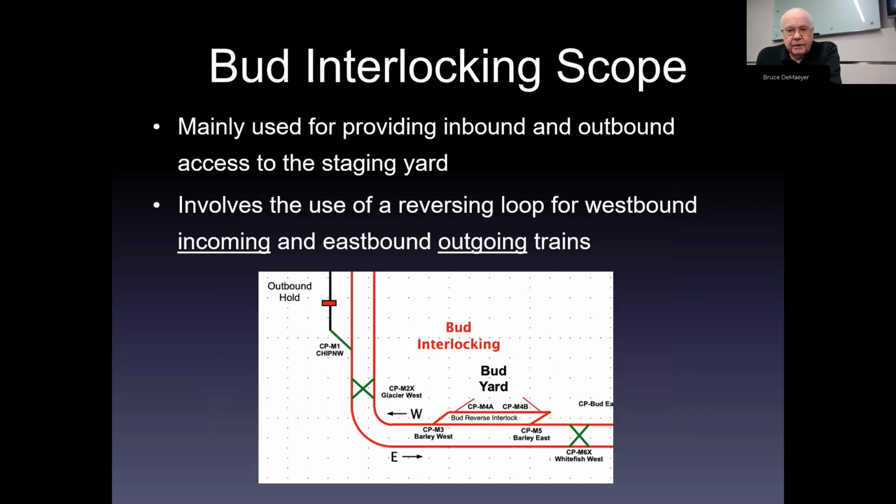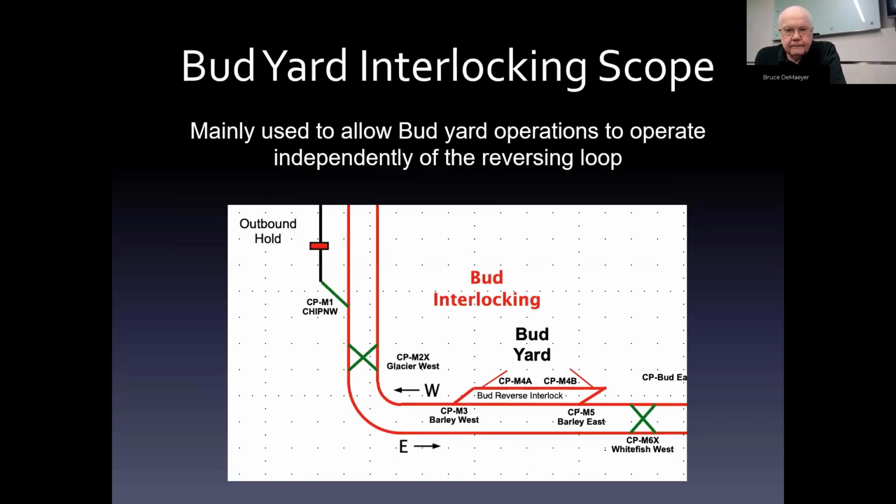Okay, so the Bud interlocking scope is providing inbound and outbound access to the staging yard. And it involves the use of a reversing loop, as I said, for westbound incoming and eastbound outgoing trains. The Bud interlocking scope, this is a plus on the previous slide, is used to allow operations independently of the reversing loop.